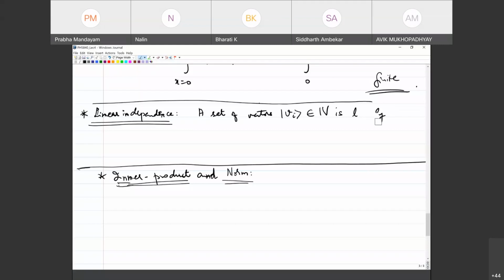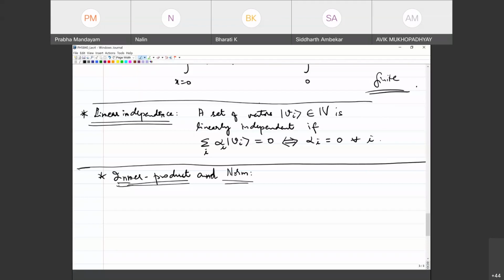It's a very intuitive sort of definition. Formally, the sum over i of alpha i Vi equals 0 if and only if all the alpha i are 0.